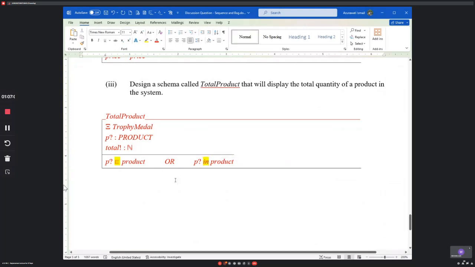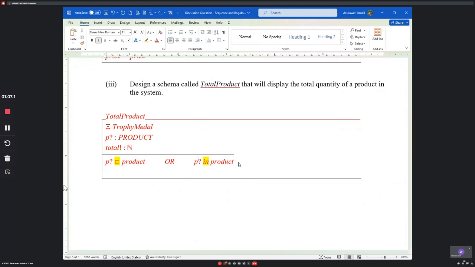Okay, so after you do checking, then you want to produce the output. So total equals to, okay, so you have two ways of writing. Either you use hashtag P question mark, or you use total equals to count product P question mark.